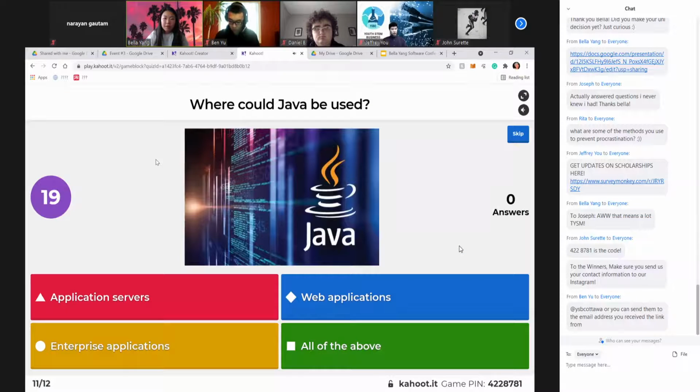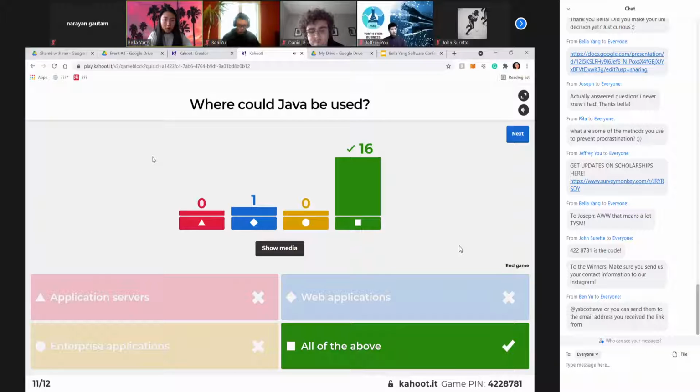Where could Java be used? Okay, yeah, so Java can be used literally anywhere. So application servers, web application, enterprise application, they all work.